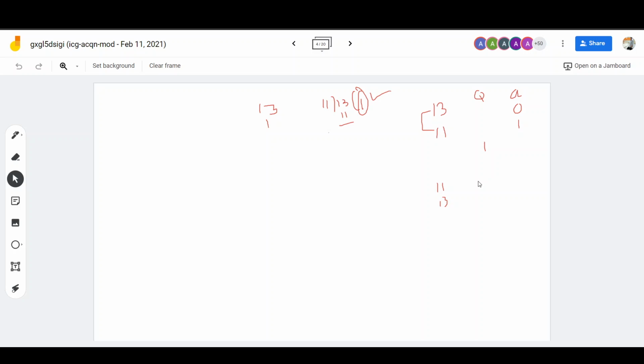You will get the coefficient value 0 here, and 11 is going to be the remainder. The same values are going to be repeated. That's why 13 into 0 is 0, the remainder is going to be 11. Then 13, 11, this starts from now onwards.